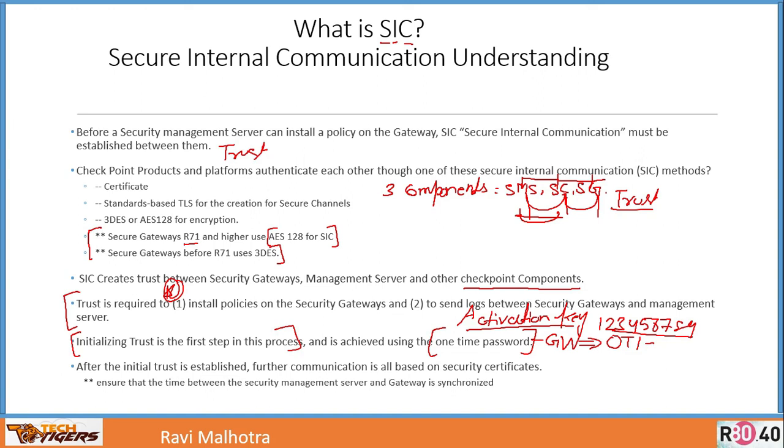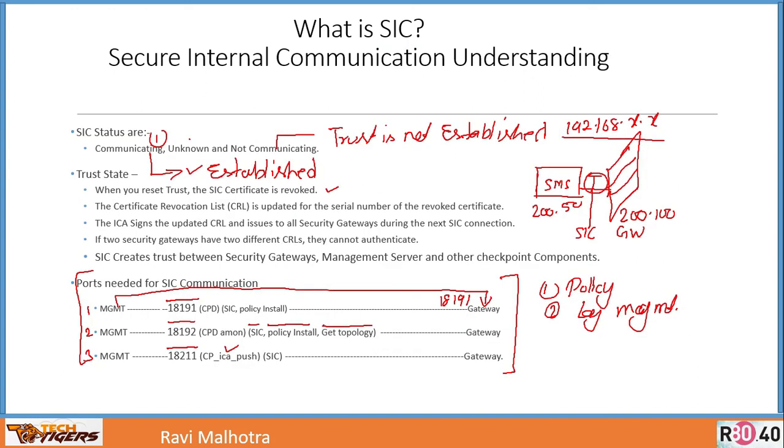This information is given to the gateway during the next policy installation. Two gateways, if they have CRLs from different security management servers, cannot authenticate to each other. That's a very simple concept to understand. And certain ports are required to establish this communication. One port is known as 18191, 18192, and the other port is 18211. These are the three important ports which are used.